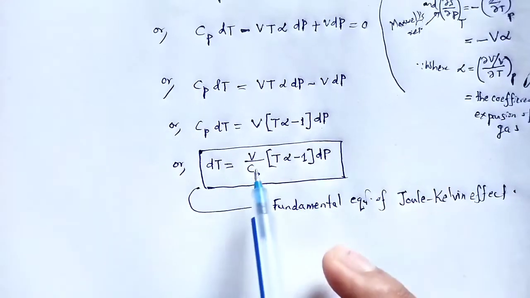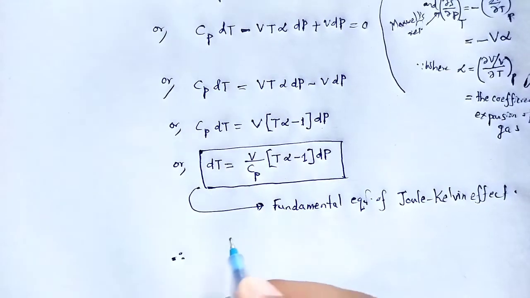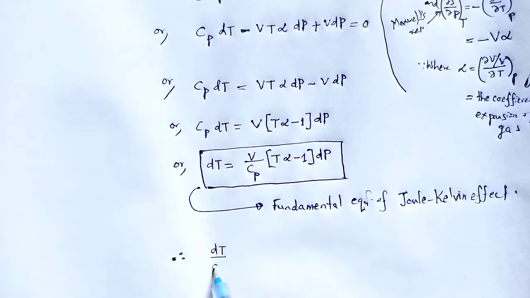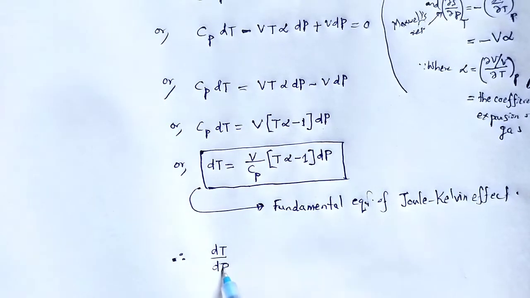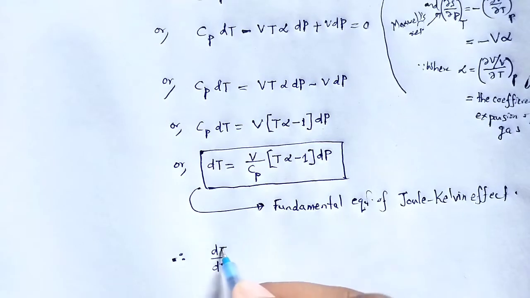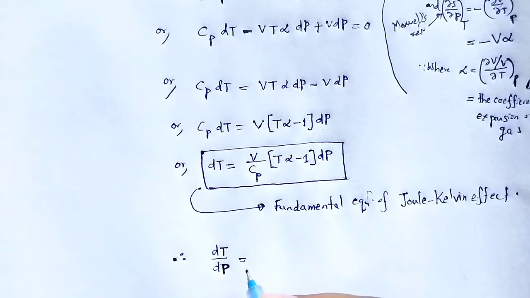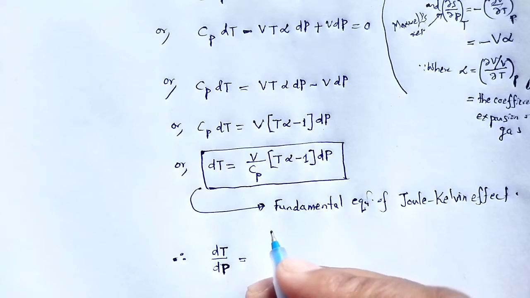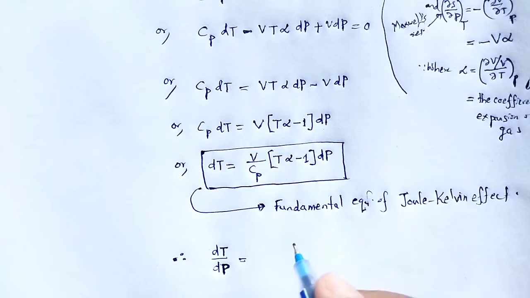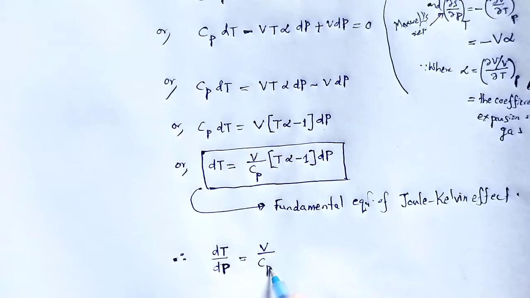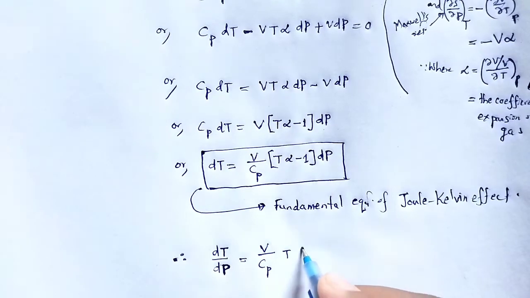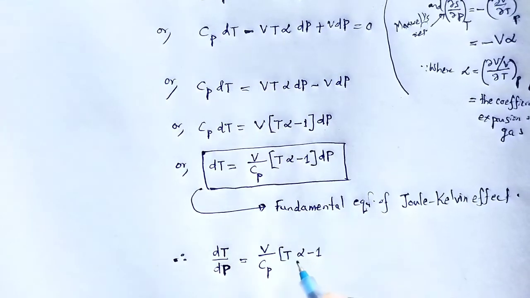Therefore, dT by dP is equal to V divided by Cp (T alpha minus 1).